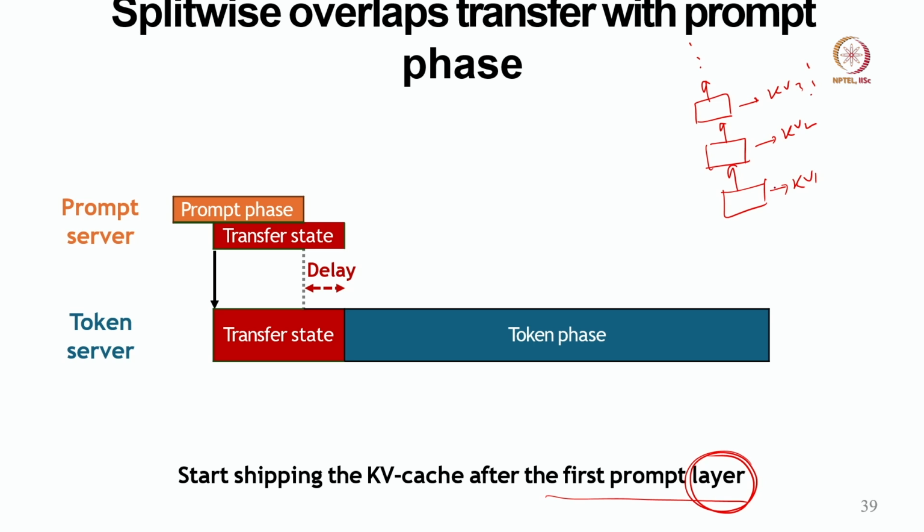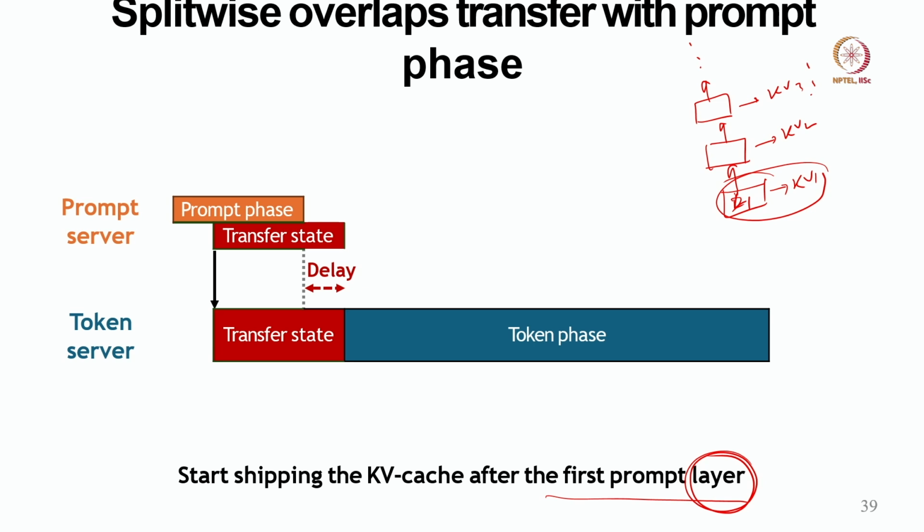So, let us say the first decoder layer got executed, it will generate the first KV1, right. Each layer will have its own KV cache. So, whenever the first layer of the transformer model gets executed, it will generate the KV cache for the first layer.